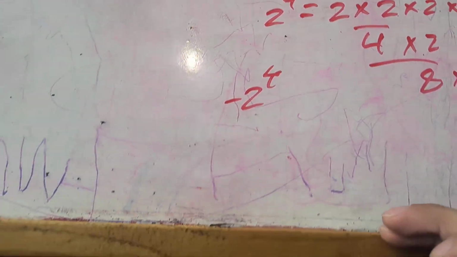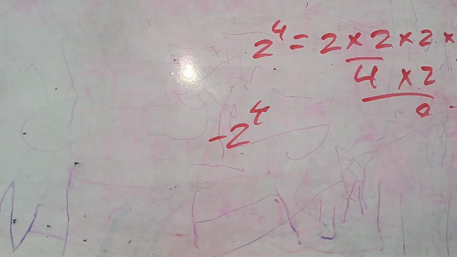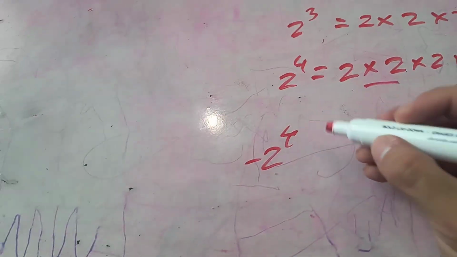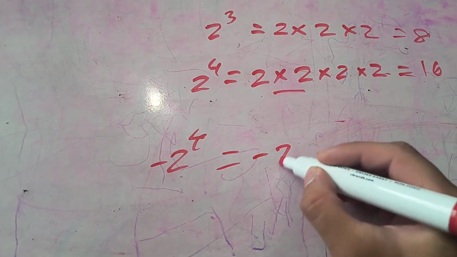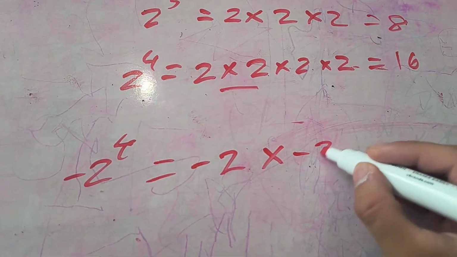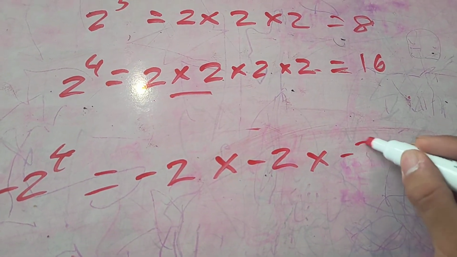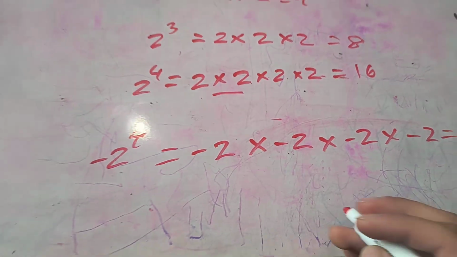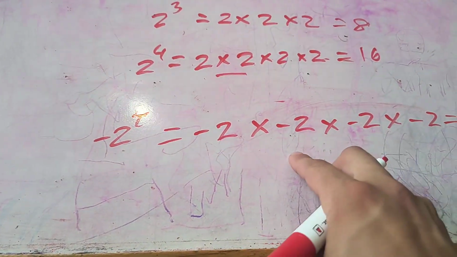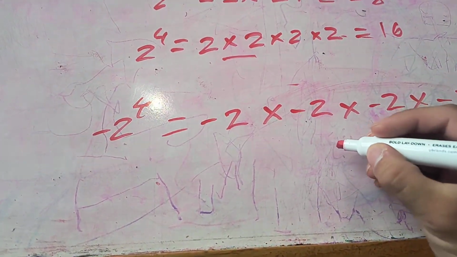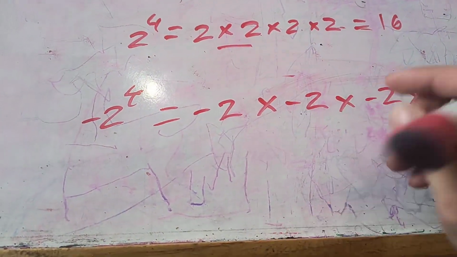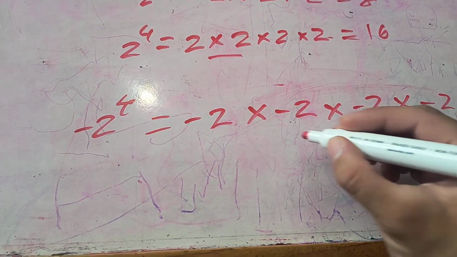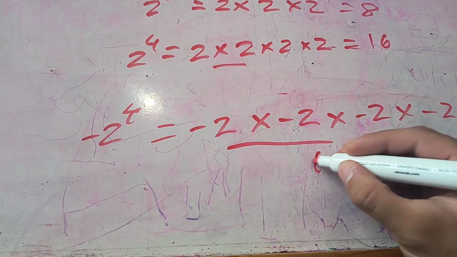What about negative 2 to the power of 4? Well, if 2 to the power of 4 is 16, what do you think it will be? So this would be negative 2 times negative 2 times negative 2 times negative 2. Negative 2 times negative 2, we already know is 4. A negative times a negative is a positive. So then this becomes 4.